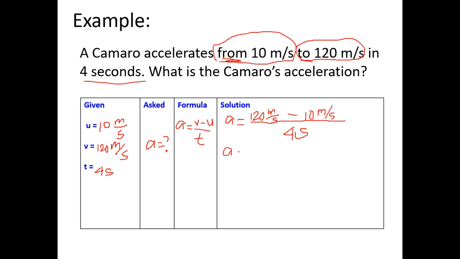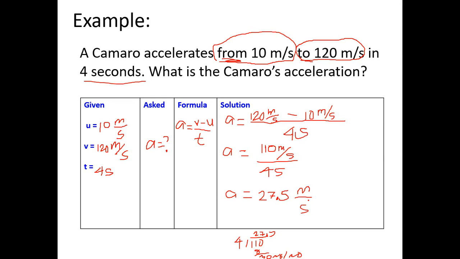So your acceleration will now give you 110 meters per second over 4 seconds. So your acceleration will now give you 27.5 m/s squared. So there is your answer.